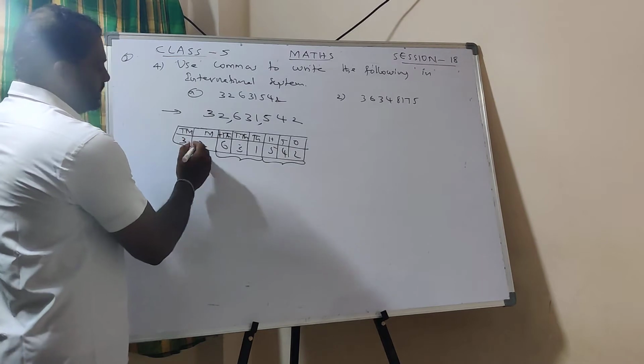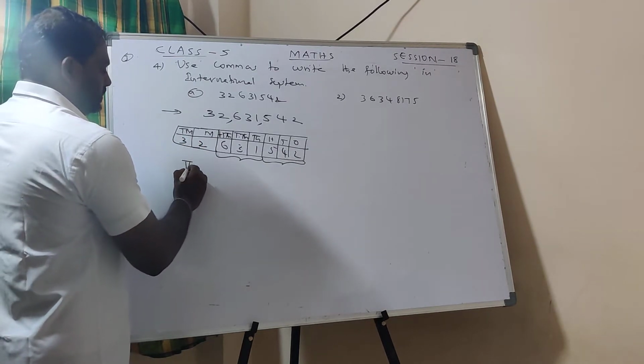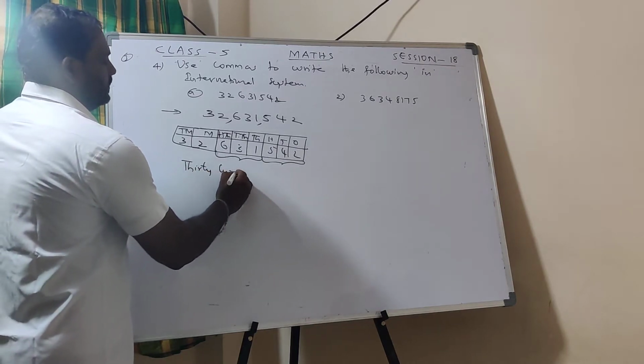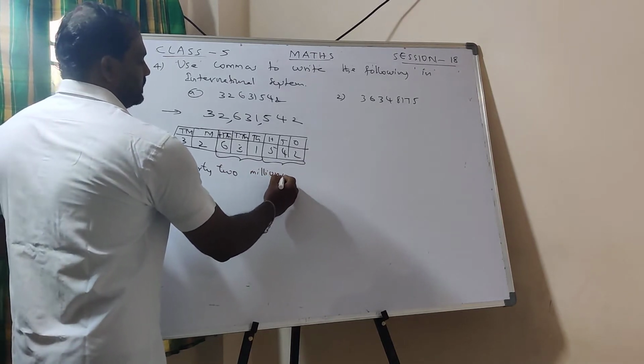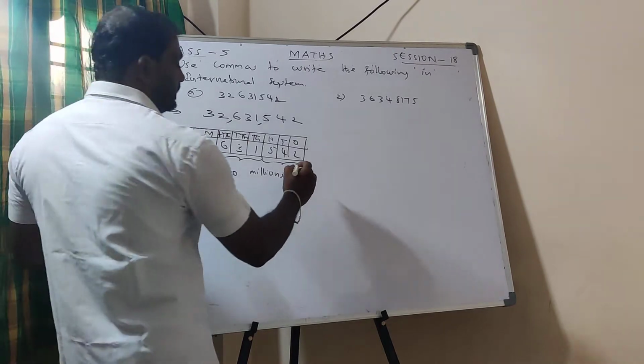Now let's see how to write it. First, how many millions are there? 32 millions. How many thousands are there? 631 thousands.